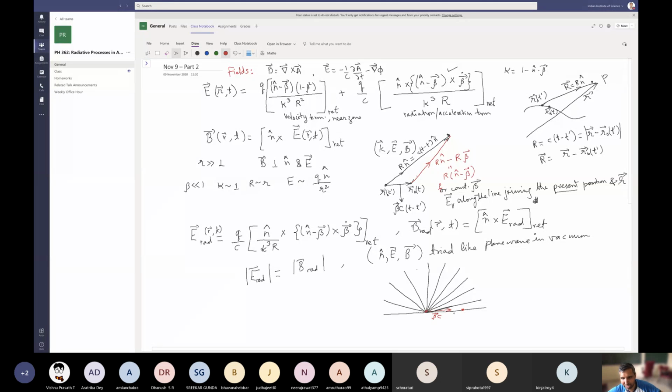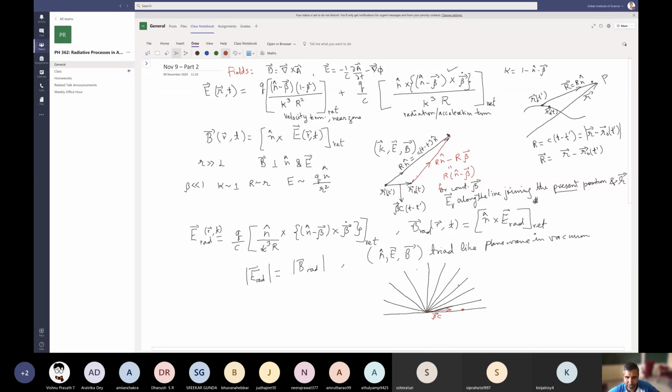Let's say this charge traveled with beta c at all times, so it had a constant E field. It had an E field joining the point of observation and the present location of the charge. And suppose this charge was instantaneously stopped at this point.